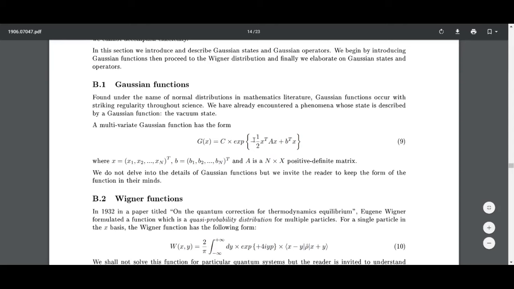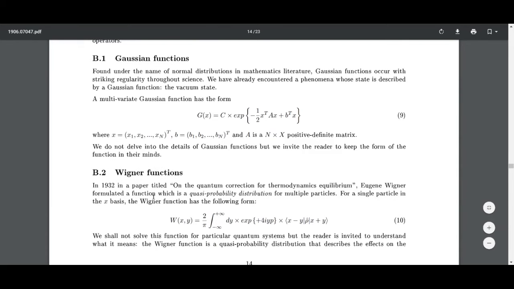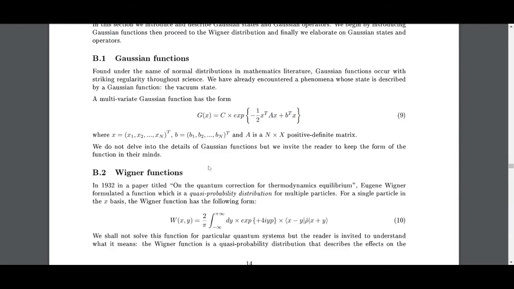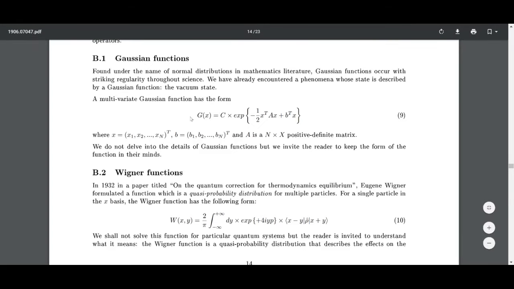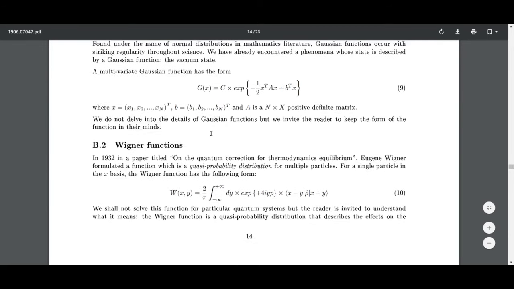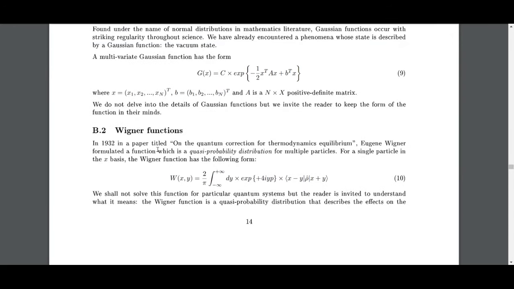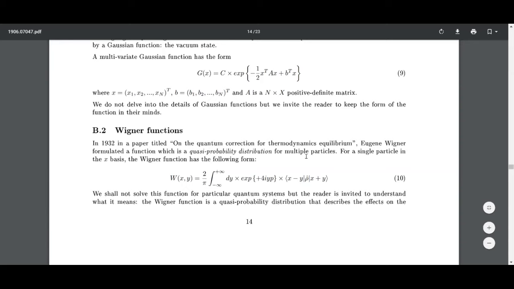Okay, so Gaussian functions are just this. We invite the reader to keep the form of the function in their minds. Wigner functions and the quantum correction: Eugene Wigner formulated a function which is a quasi-probability distribution for multiple particles.